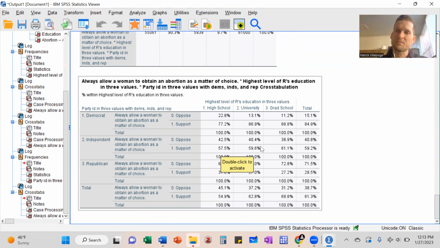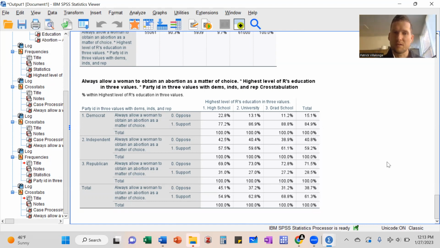So there is an increase, but it's much slighter. Republicans go from 31 to 27 and then remain at 27. So for Republicans, there's actually a decrease. Education doesn't seem to change Republicans' attitudes towards abortion. If it changes them at all, it actually makes them less supportive of abortion rights.